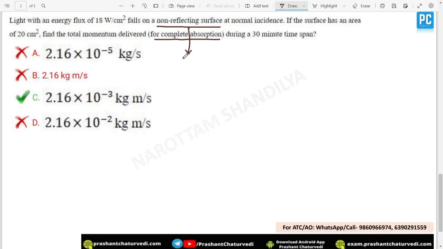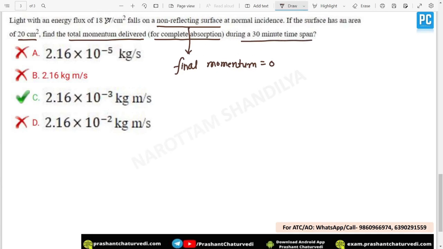That means the final momentum of the light is actually zero, right? If the surface has an area of 20 centimeter square, find the total momentum delivered during a 30-minute time span.